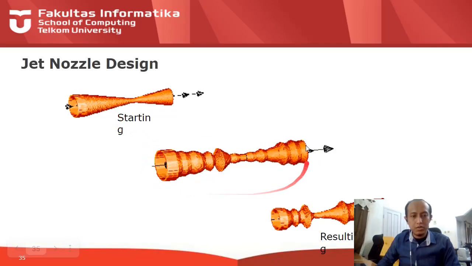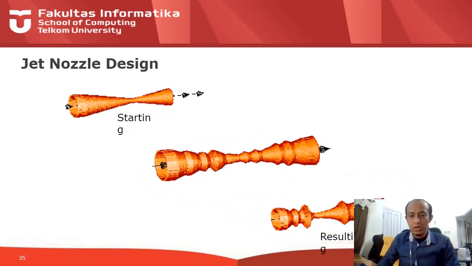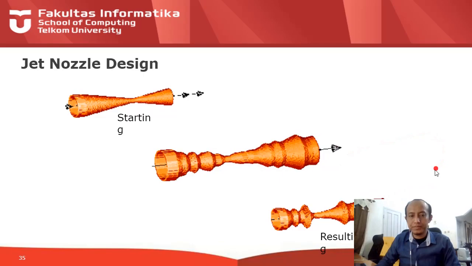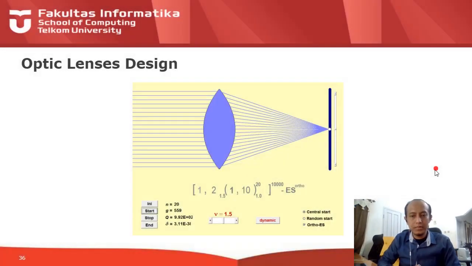And after some generations of solutions, we can pick the solution with the best airflow and efficiency. We can use evolutionary computing for designing optical lenses. And after some generations of solutions, we can pick the solution with the best parameters and optical accuracy.